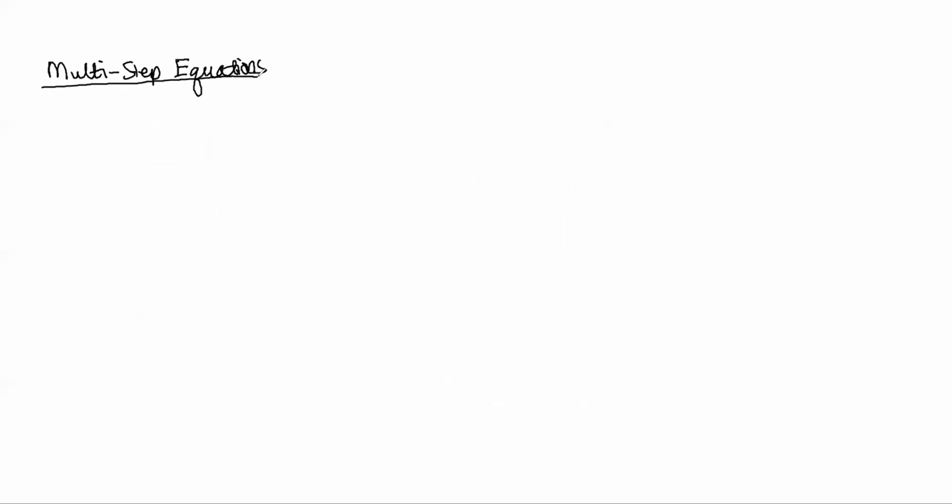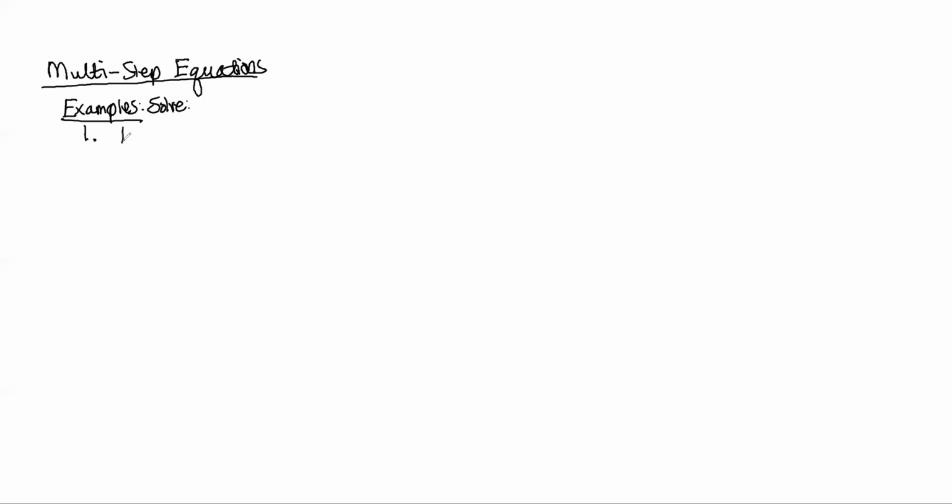These next ones are called multi-step because you have to do multiple things. So let's go ahead and try some examples here. And again, we're just told to solve. Notice how with equations we're told to solve, with expressions we were only told to simplify.